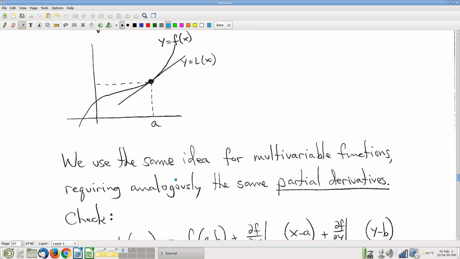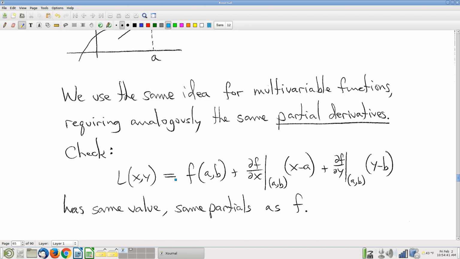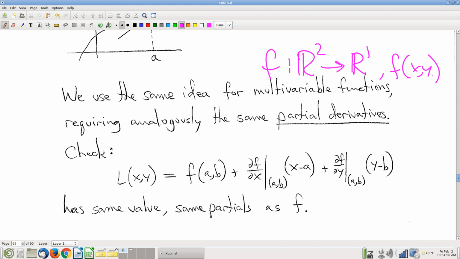So we're going to consider now a function from R2 to R1. Suppose f is a function from R2 to R1, and suppose f is a function of say x and y. How would I mimic this function near a certain point? And I claim that this function here does it.